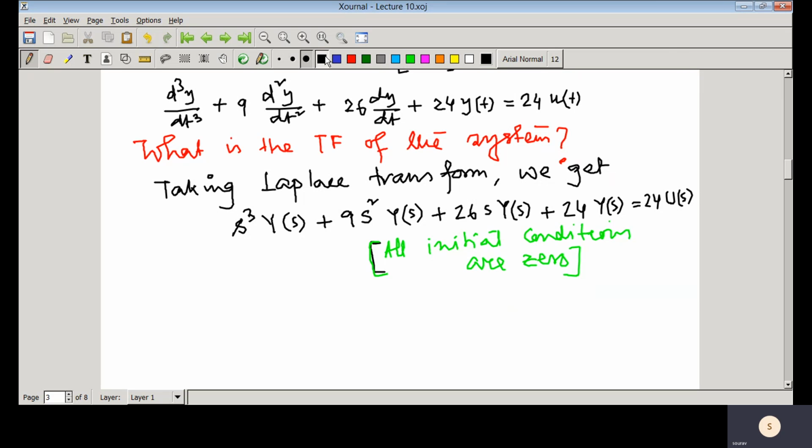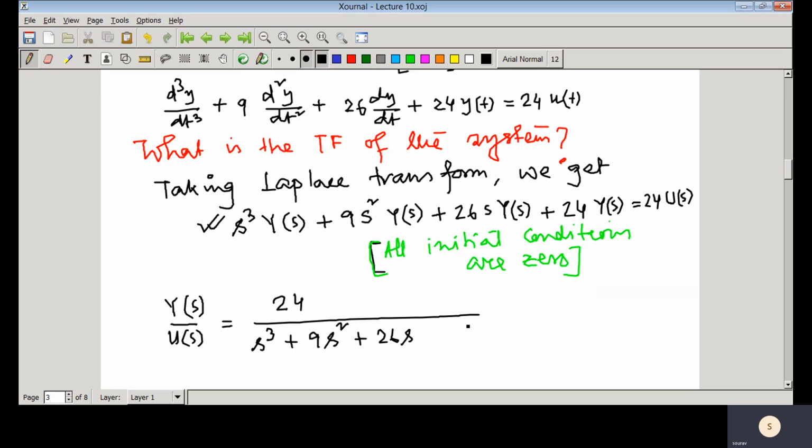Then if you take Y common, you can write this particular algebraic equation in this form, that is 24 divided by s cube plus 9 s square plus 26 s plus 24.